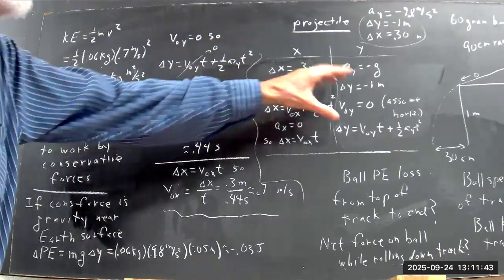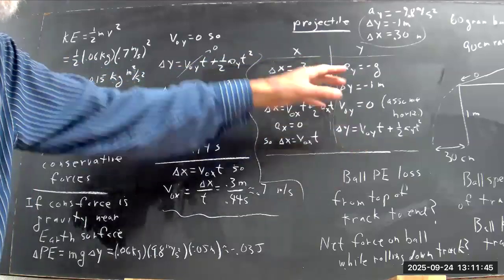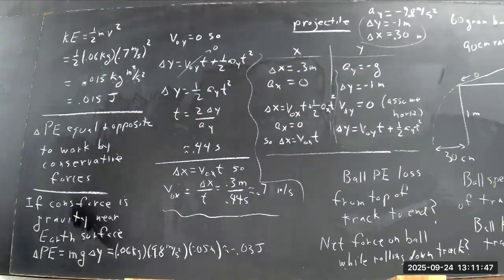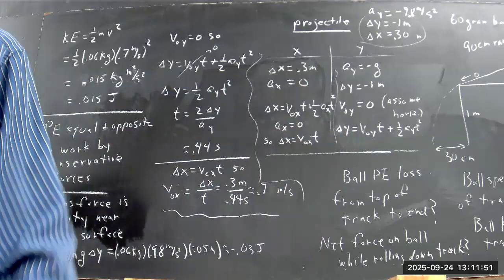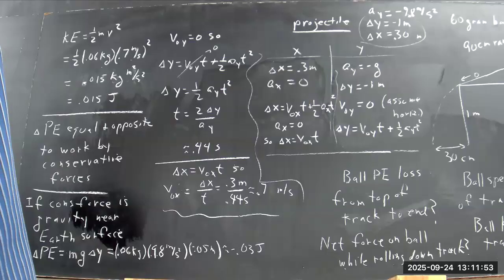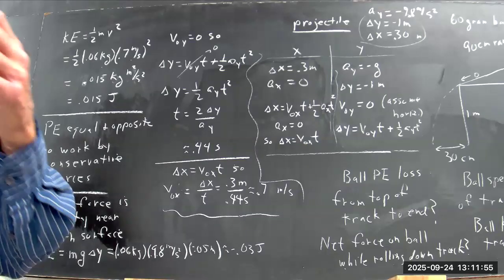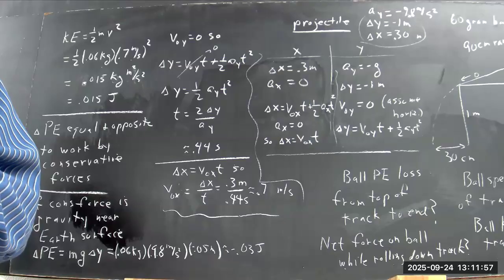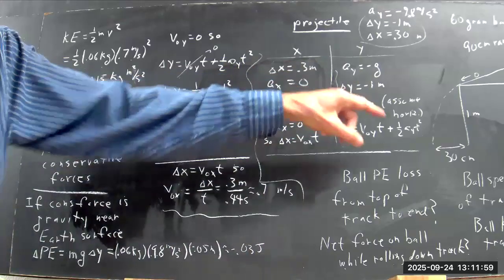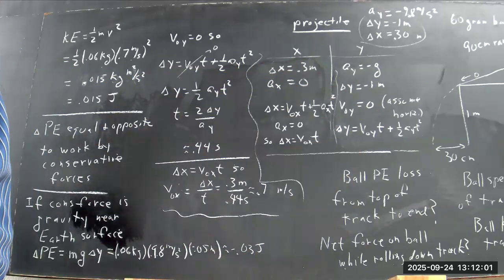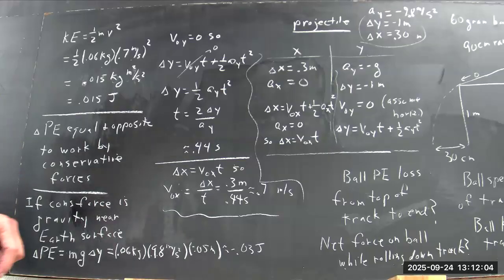Write down what you're given, write down the x, write down the y in one form or another, and organize it in a way that makes sense to you. It could be better organized than what I did here, but I just got the information. Okay, I'm not going to dictate, write this, write that, write the other thing. Write down your information and draw your conclusions, not from equations you memorize.